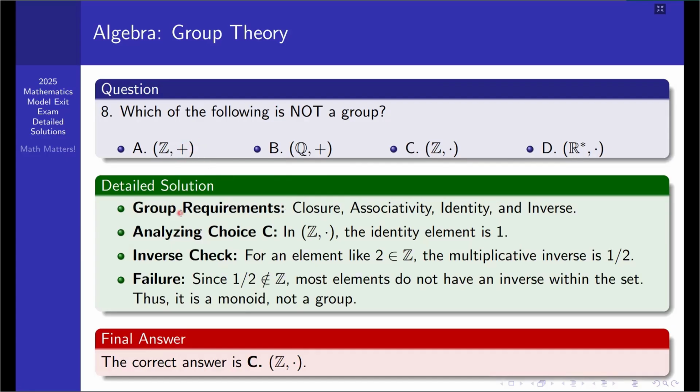Therefore, all the group requirements are satisfied, so Z with respect to plus is a group by itself. The same holds true for rational numbers with addition and positive real numbers with respect to multiplication.